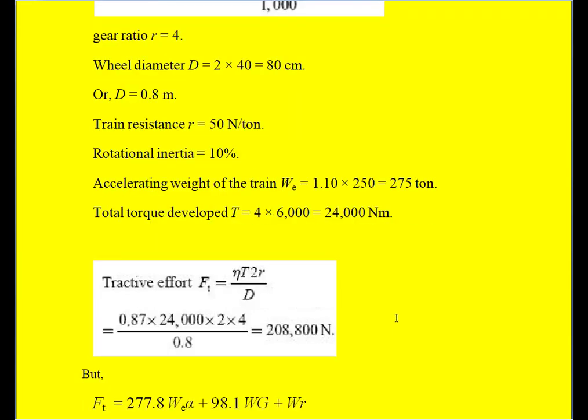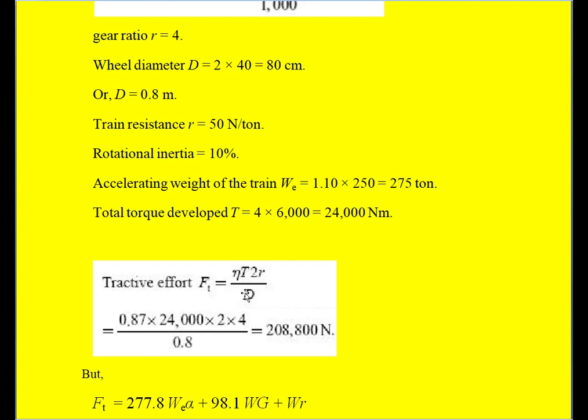So we know the torque, and we know the transmission efficiency, gear ratio, and also the diameter of the driving wheel. So we can calculate the effective torque, or the tractive effort, or the force at the driving wheel.